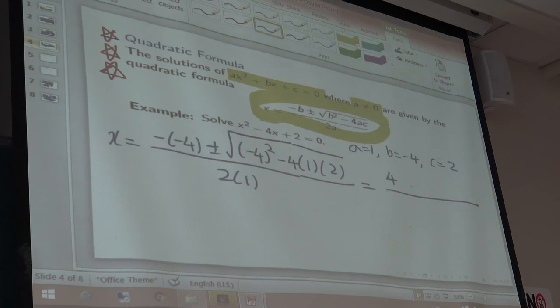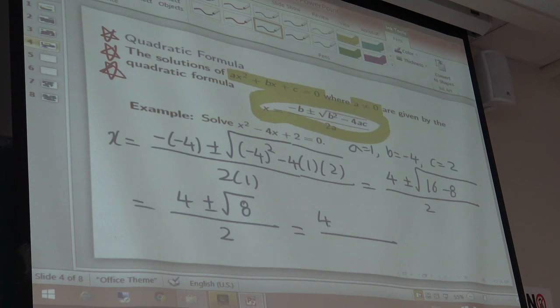Which is 4 plus minus square root of 16 minus 8 over 2, which is 4 plus minus square root of 8 over 2. The square root of 8 is 2 square root of 2, over 2. Then we can split this into two parts: 4 plus 2 square root of 2 over 2, and 4 minus 2 square root of 2 over 2.